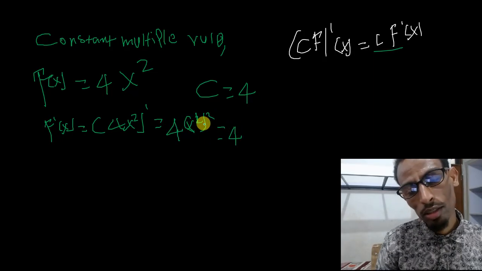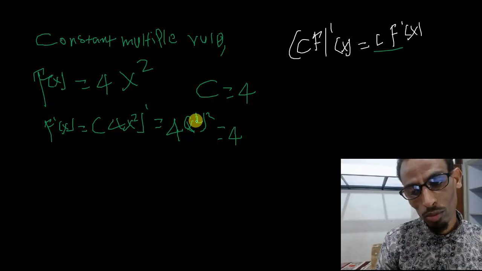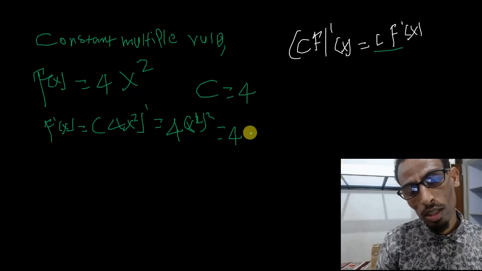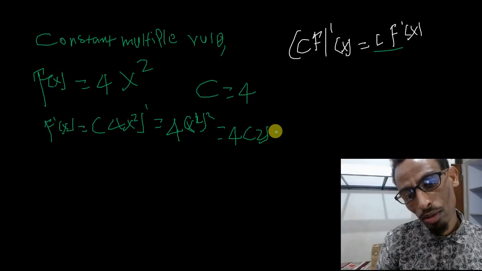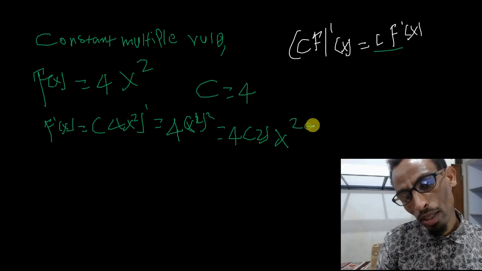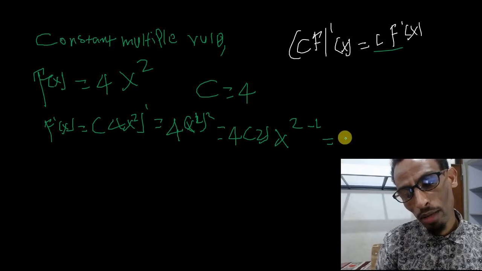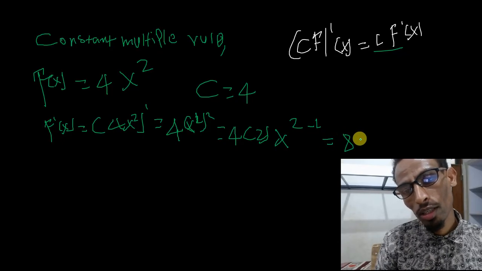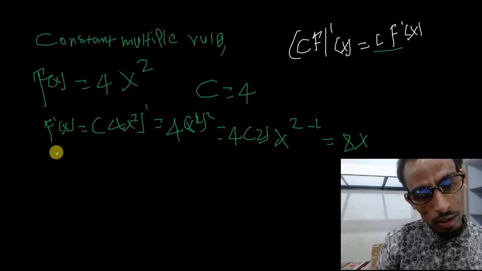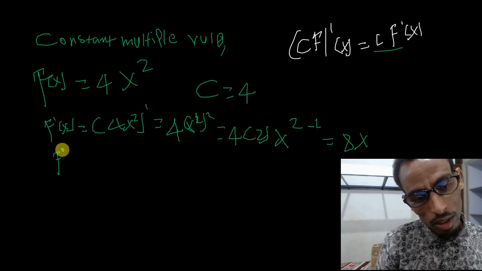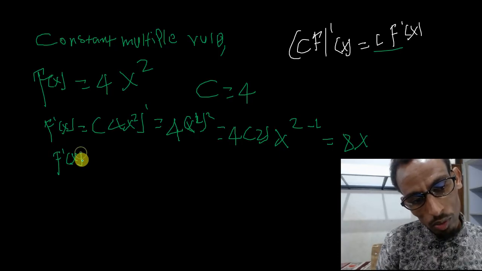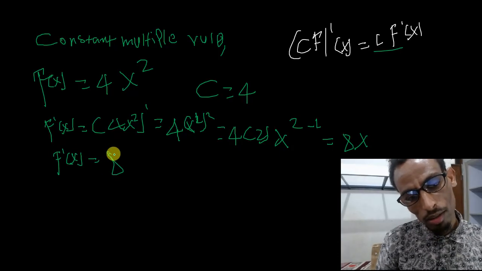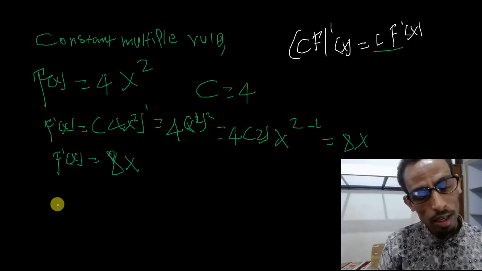Now x squared is a power function, so that means 2 times x to the power of 2 minus 1. Now 4 times 2, which is 8, x to the power of 2 minus 1, which is x. So f derivative at x is expressed as 8x.